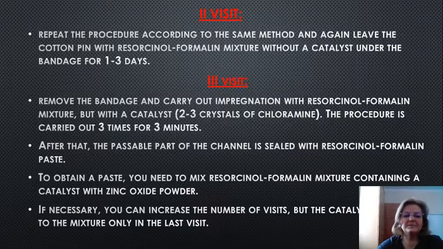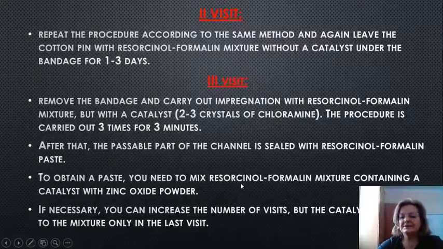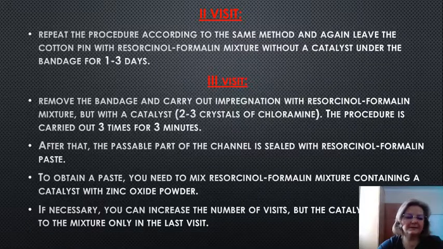After that, the passable part of the canal is sealed with resorcinol-formalin paste. To obtain the paste, you need to mix the resorcinol-formalin mixture containing a catalyst with zinc oxide powder. If necessary, you can increase the number of visits, but the catalyst is added to the mixture only in the last visit.